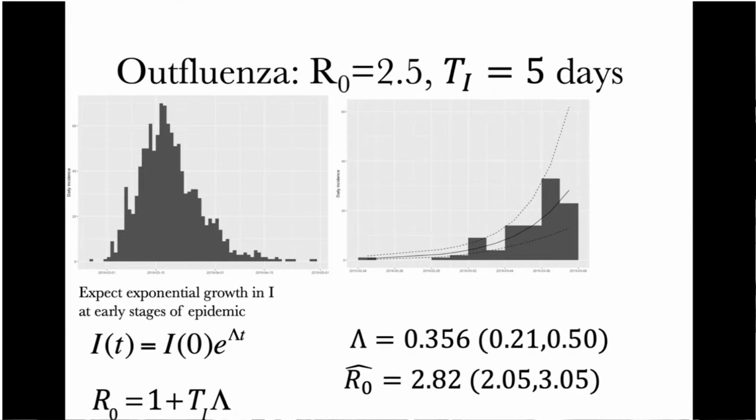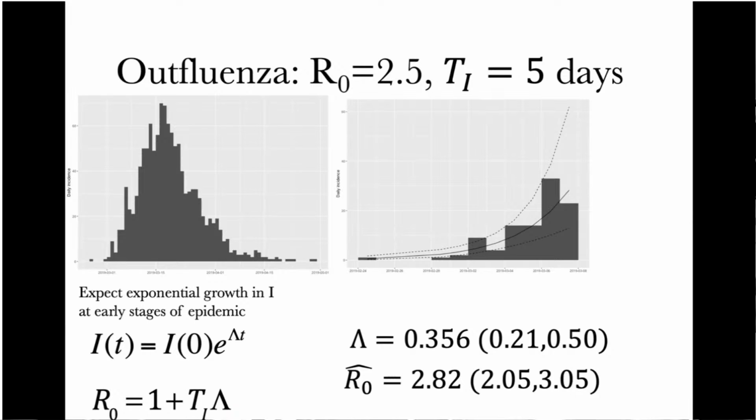Sorry, I just want to see if I understand this. They started by estimating or assuming the R naught was 2.5 to calculate the R naught of 2.82. No. So for this epidemic, we know the underlying R naught because we've generated the data from the computer with an R naught of 2.5 and a duration of infectiousness of 5 days.